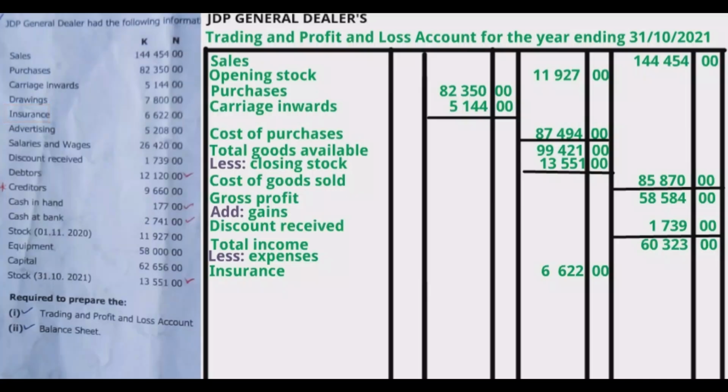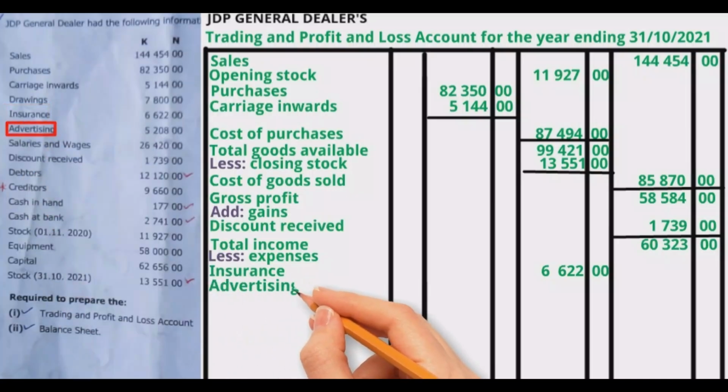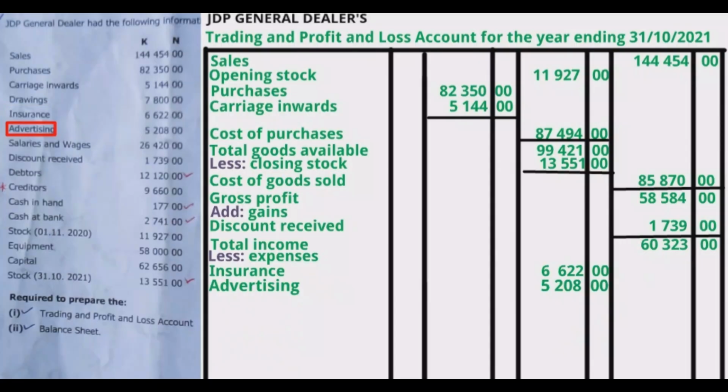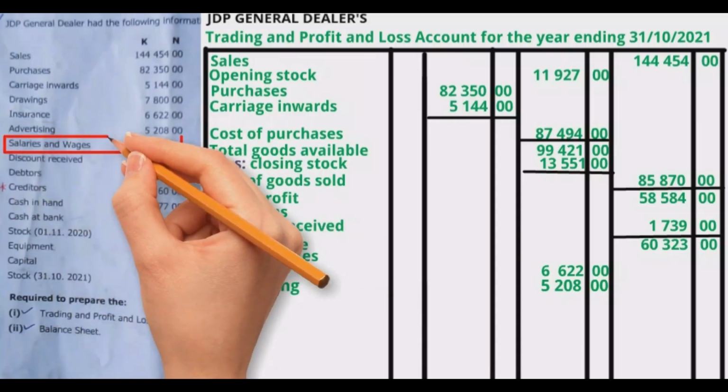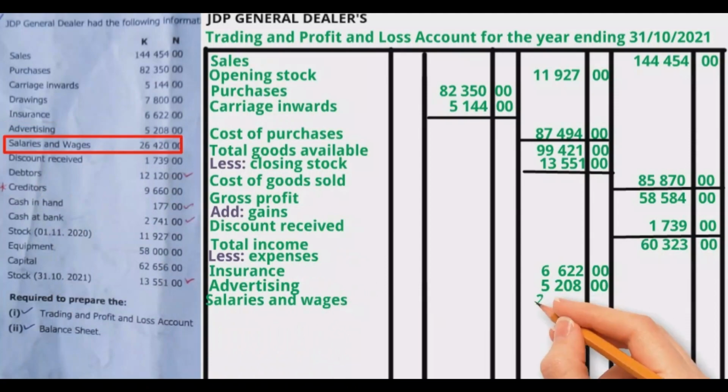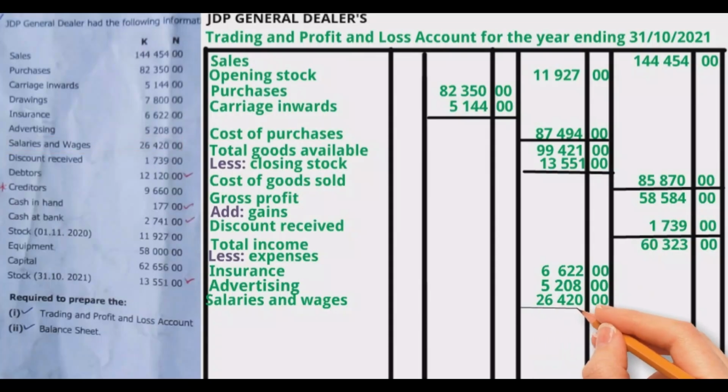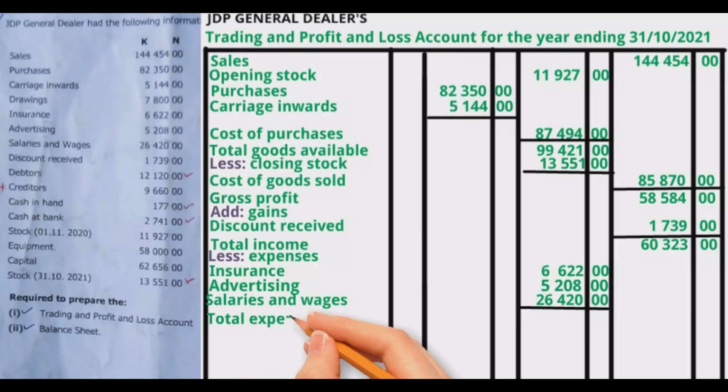Then they also advertised, which is 5,208. Then there were also salaries and wages. They paid their workers 26,420. When you add this, it gives you 38,250 kwacha.